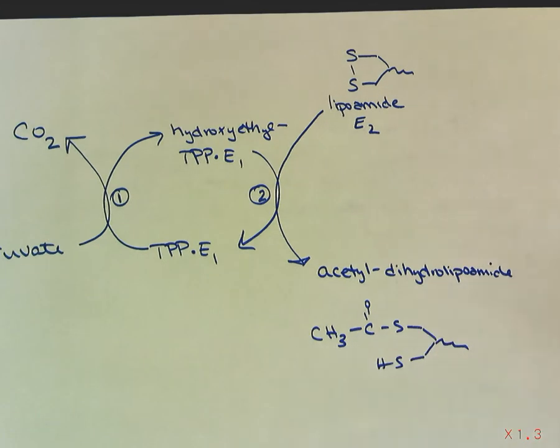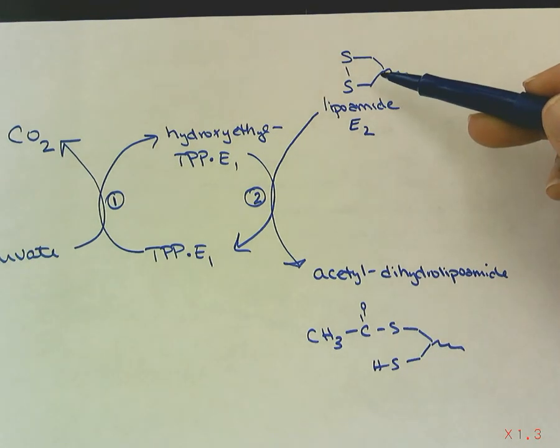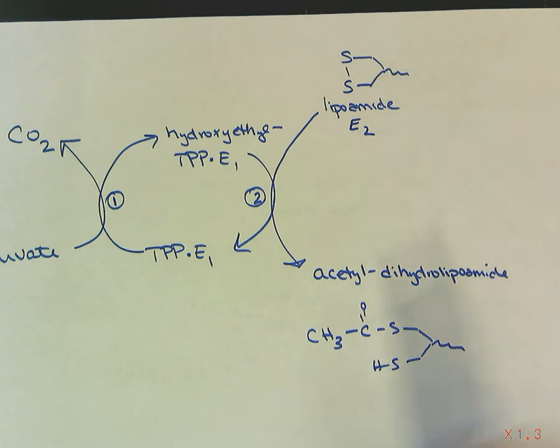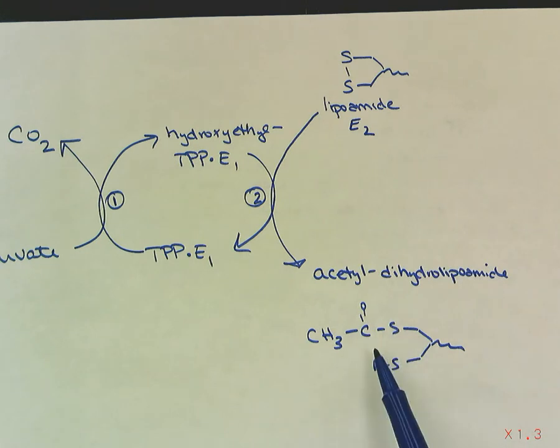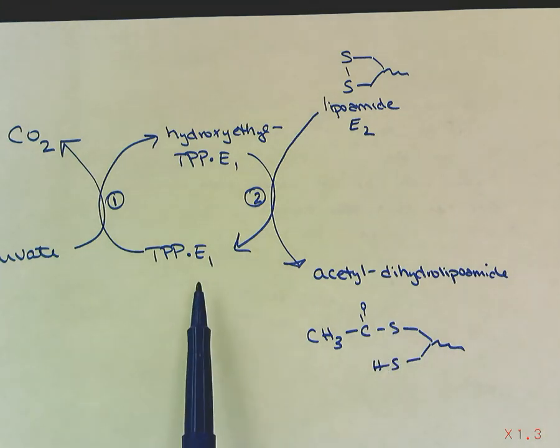So we had this dithiol, and now I have transferred the hydroxyethyl off of this guy onto this guy. So I've just moved it and remade my TPP-E1, so that's ready for another pyruvate.